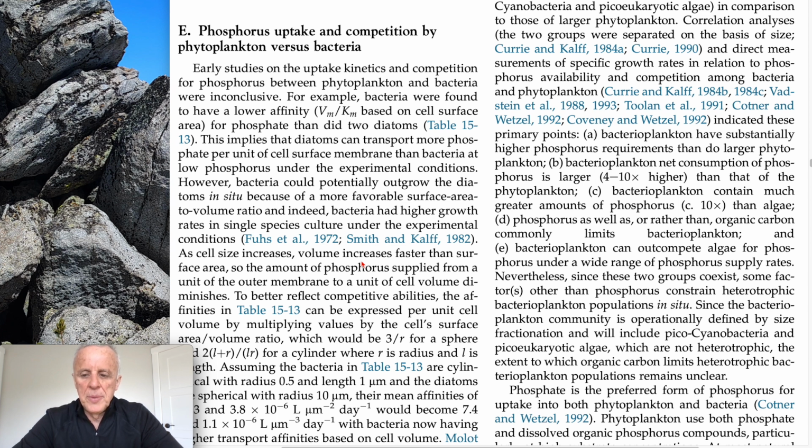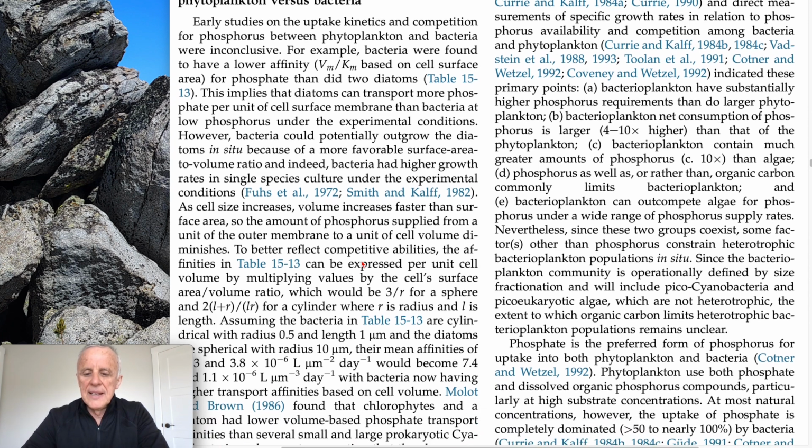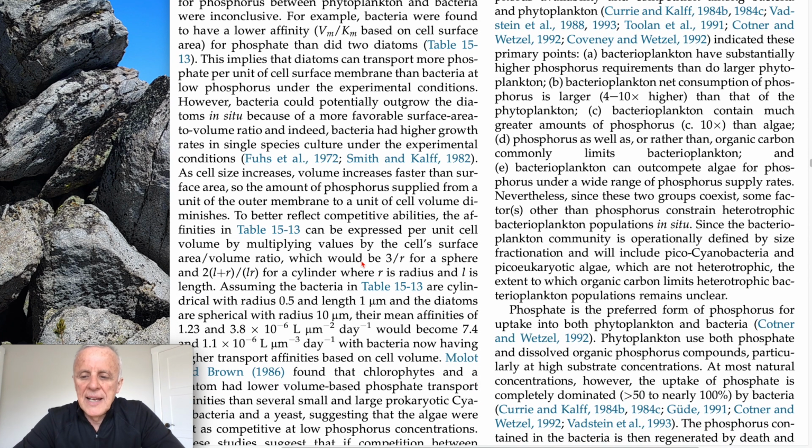B. Bacterioplankton net consumption of phosphorus is larger than that of the phytoplankton. C. Bacterioplankton contain much greater amounts of phosphorus than algae. D. Phosphorus, as well as, or rather than, organic carbon commonly limits bacterioplankton. And E. Bacterioplankton can outcompete algae for phosphorus under a wide range of phosphorus supply rates.